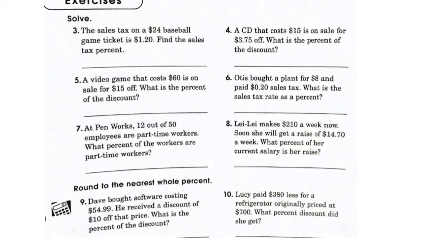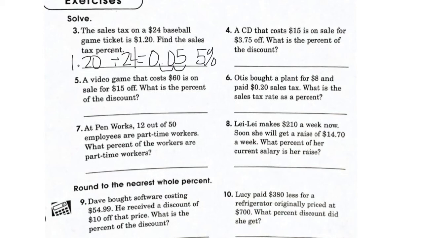So remember, smallest number, $1.20, I'm going to divide by my larger number. And when I do that, I get an answer of 0.05. I move my decimal place 2 places to the right, so it becomes 5%. Now, by putting that percent sign on there, that is the label for my problem.